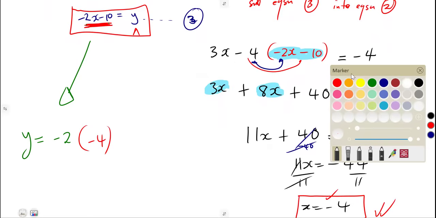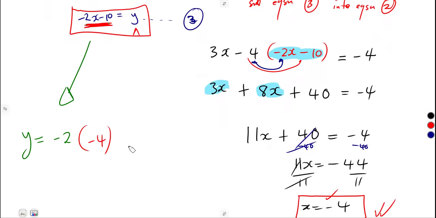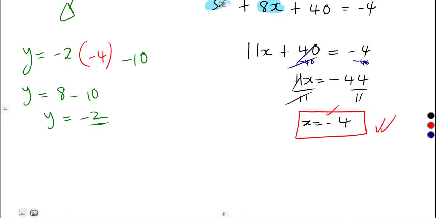So that is what we are going to have, minus 10. We can find the value of y from there. Minus 2 times minus 4, that's positive 8. Minus 10, y is equal to 8 minus 10, which is negative 2. So those are the two values that we're going to have. X is minus 4 and y is equal to minus 2.